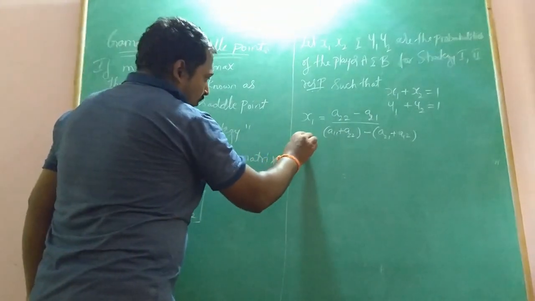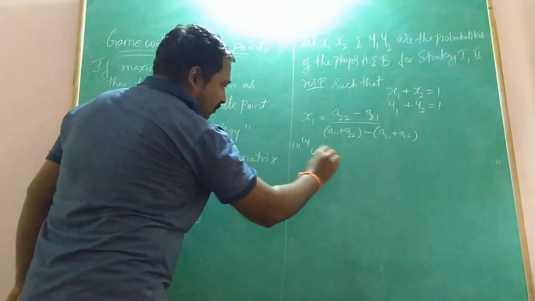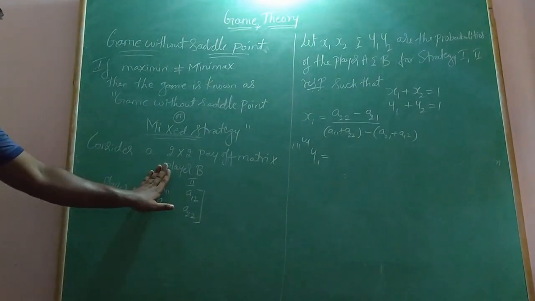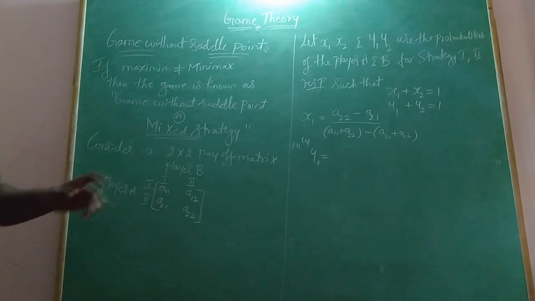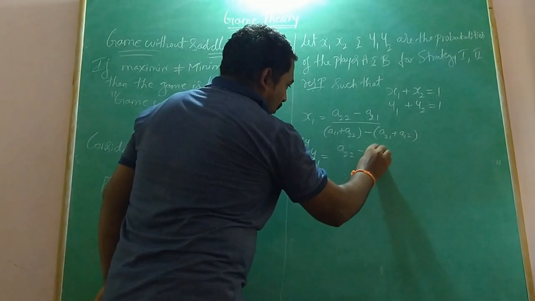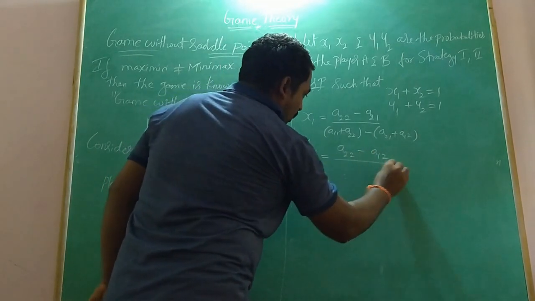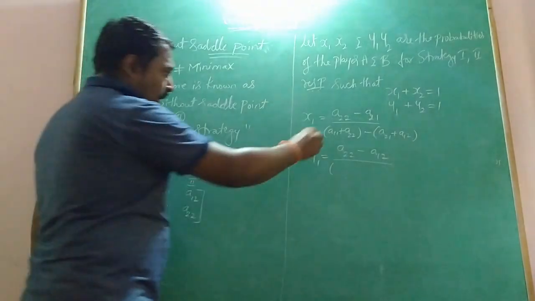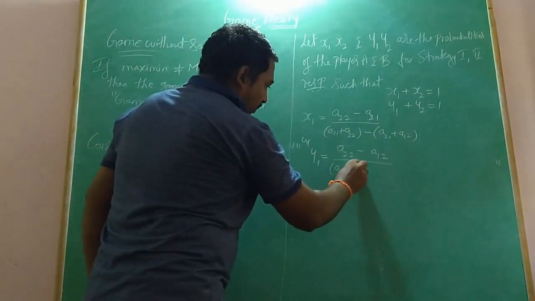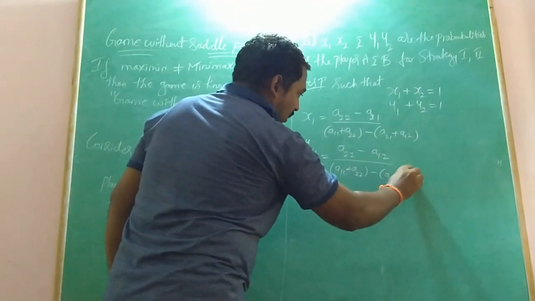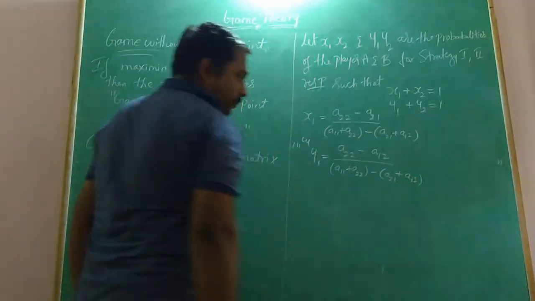Similarly, for y1, since you are finding it for player B, just close the first column and you get a22 minus a12, divided by the same denominator, a11 plus a22 minus (a21 plus a12).